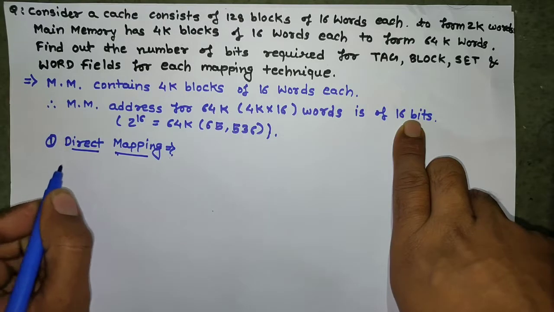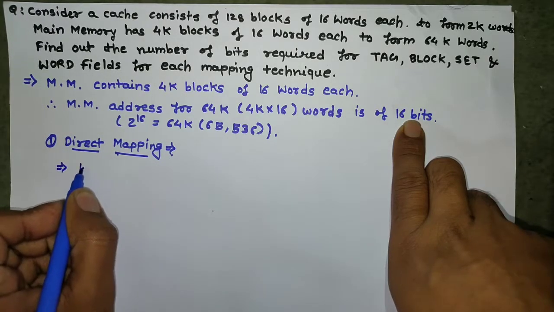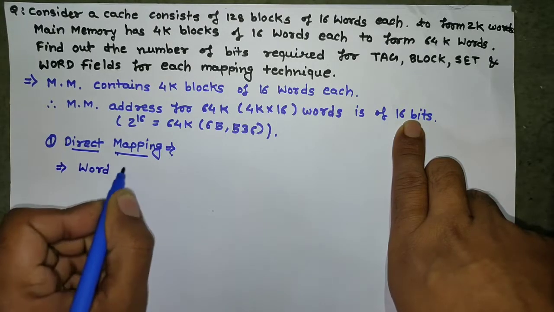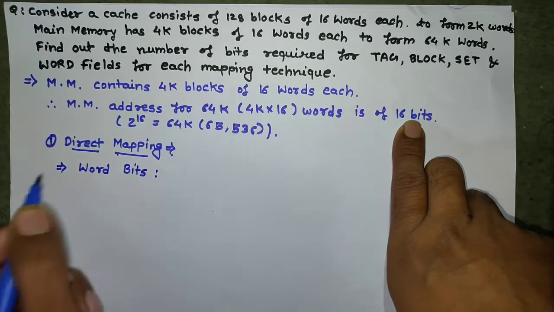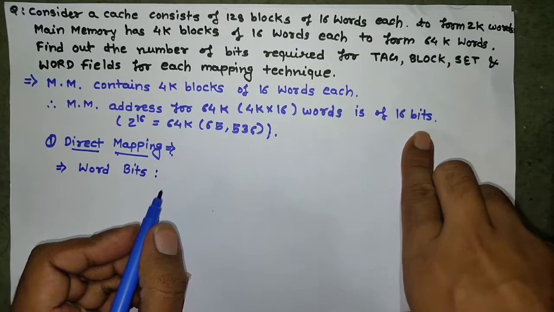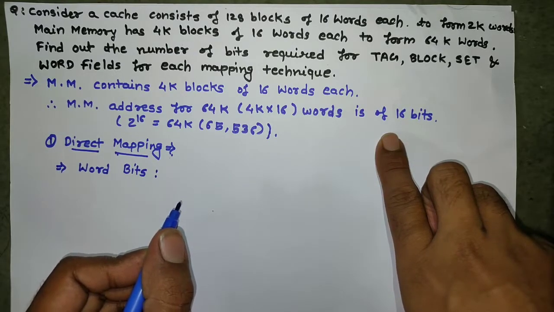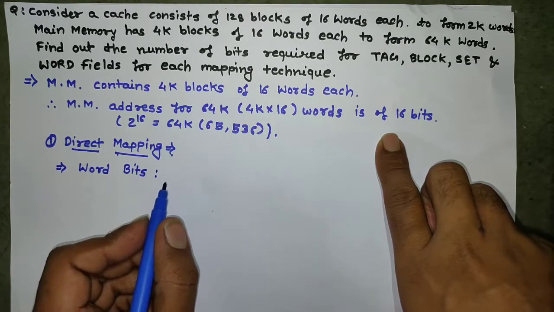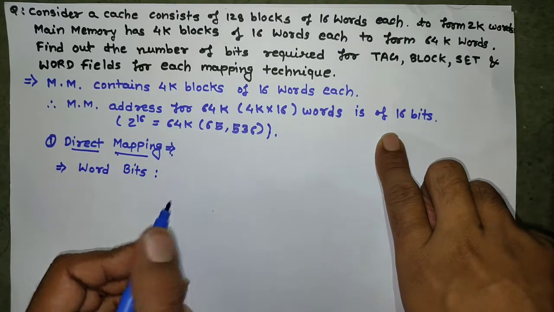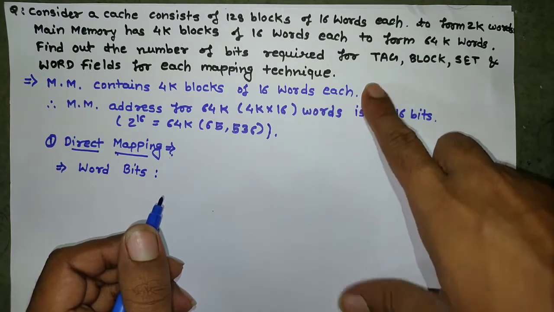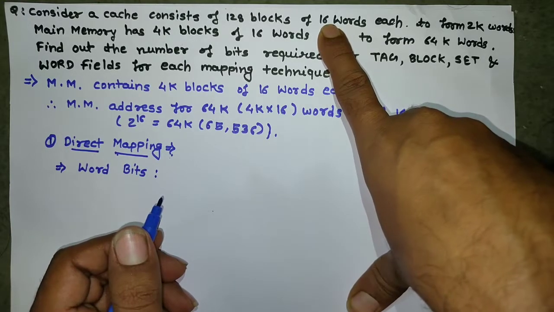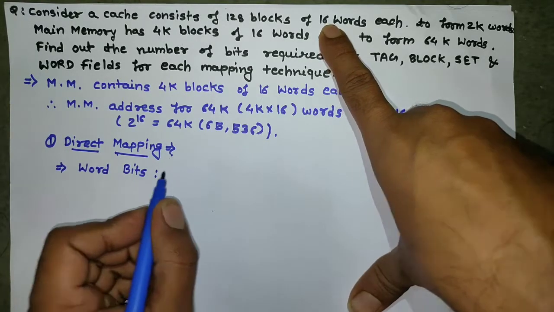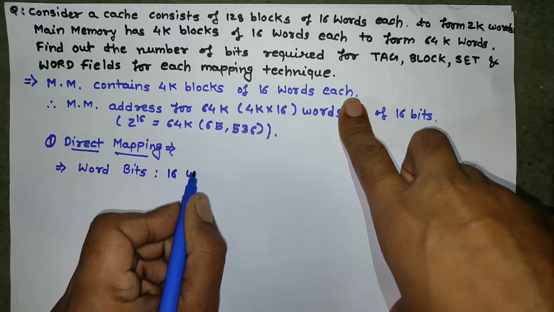First we will find the total word bits that are required. How will we get the total number of word bits, that is, to address the word, how many bits do we require? There are 16 words in each block of the cache. So one block contains 16 words.